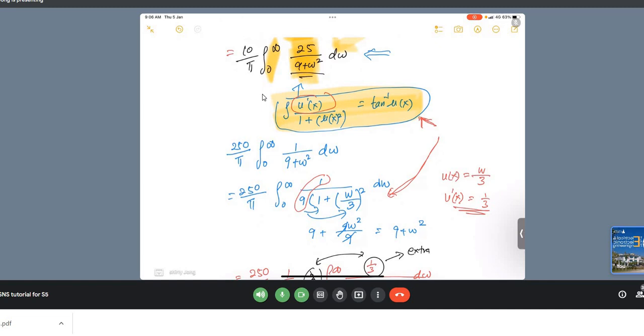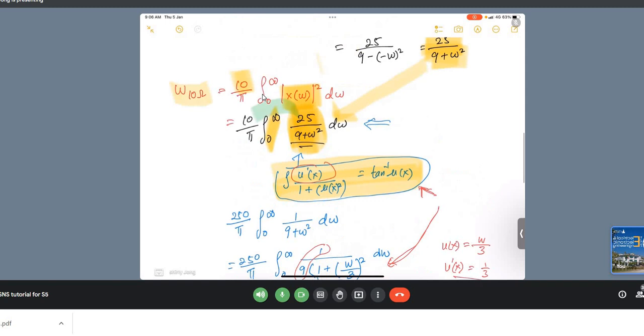If you look at this 25 over 9 plus omega square, this 25 actually is just the constant. So you can take out the constant.